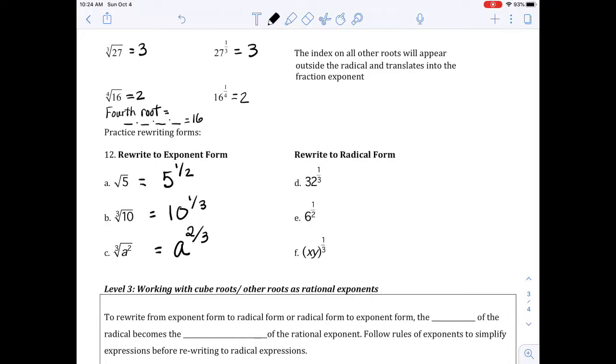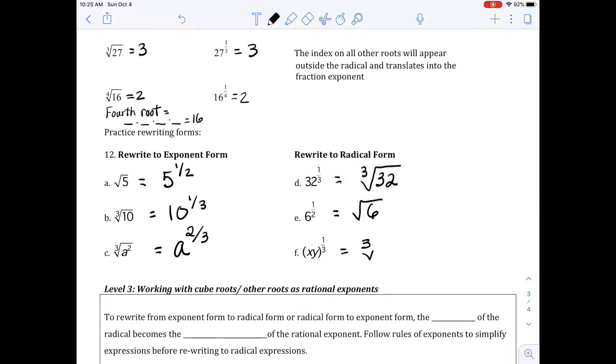So it's important to know where those numbers go. So 32 to the 1/3 would become the cube root of 32, because 3 is in the denominator of that fraction exponent. So that means it's the index, and then 32 raised to the first power. You don't need that. This is the square root of 6. Now you might think, why didn't you put a 2 in that index? And the answer to that is because we've never put a 2 in that index, so we wouldn't need to start now.